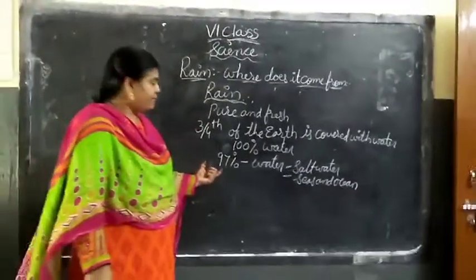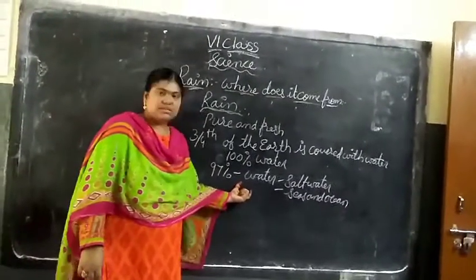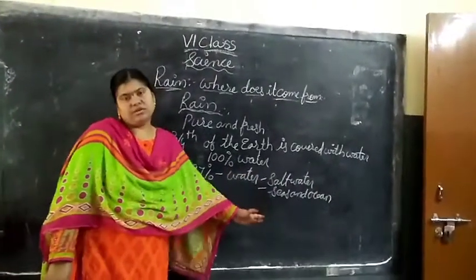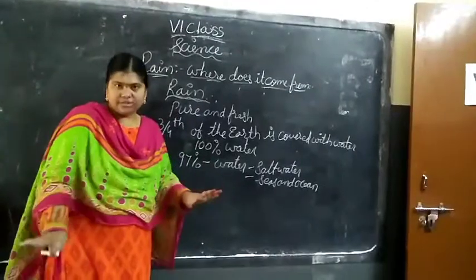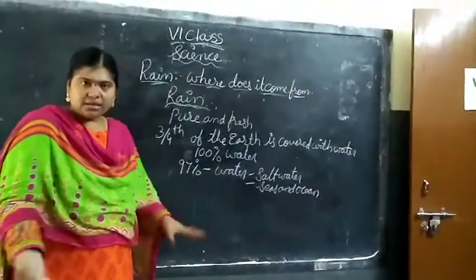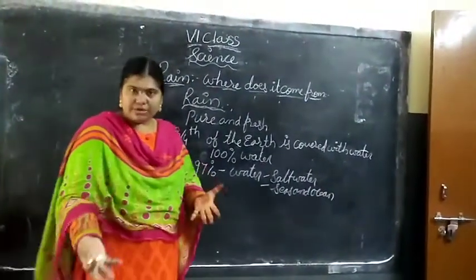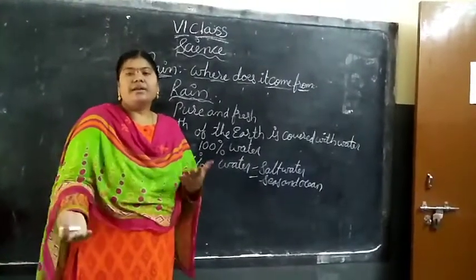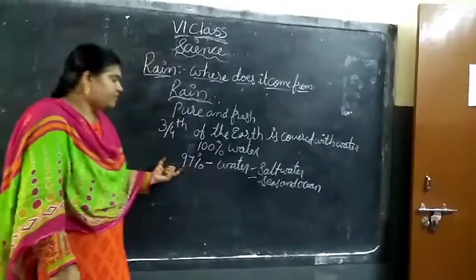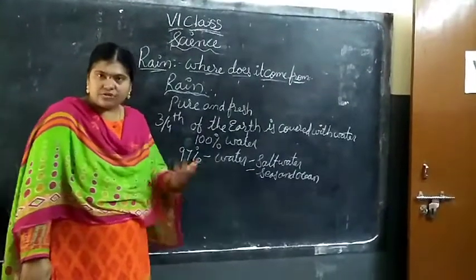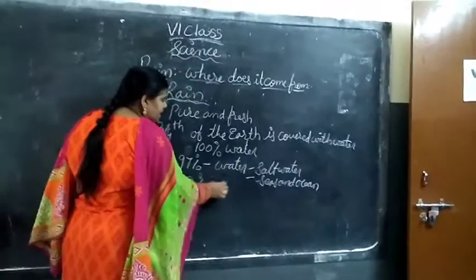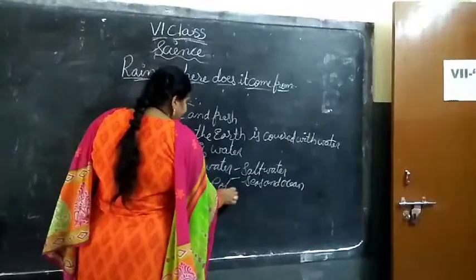This 97% of water is called salt water, which we are getting from seas and oceans, which is not at all useful for us. It is not used for agriculture purposes, nor for drinking or domestic activities. The remaining 2% of the water is called polar ice.